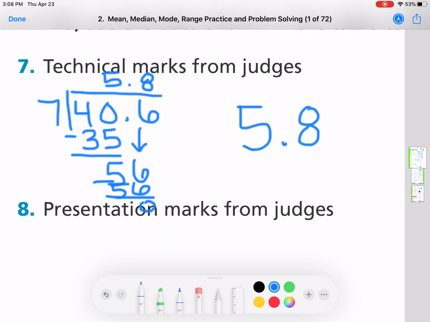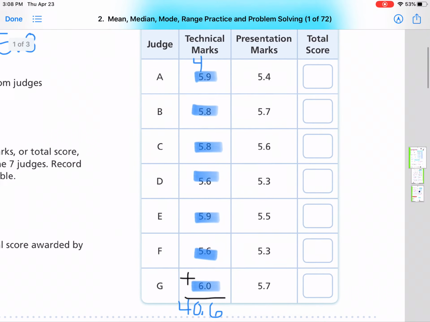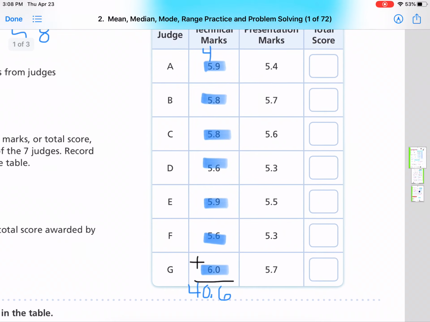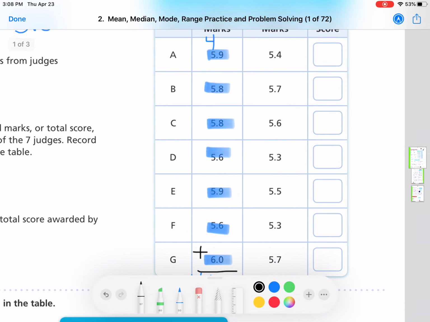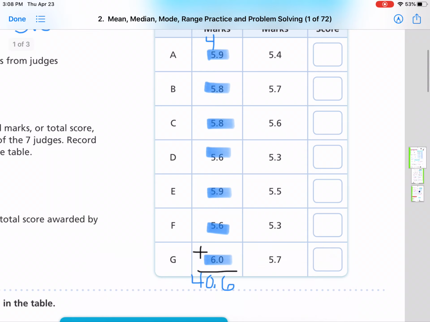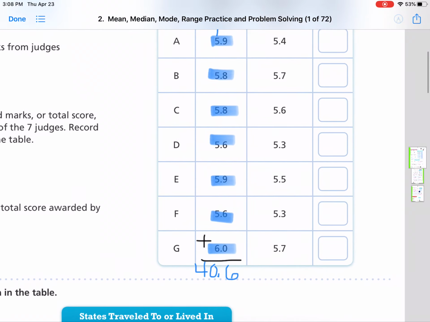Now we're going to do the same thing for 8, except this time we're going to do it with presentation marks. So we're going to go back to our table and look at presentation marks. And now in order to find the mean, again you're going to add up all your numbers.